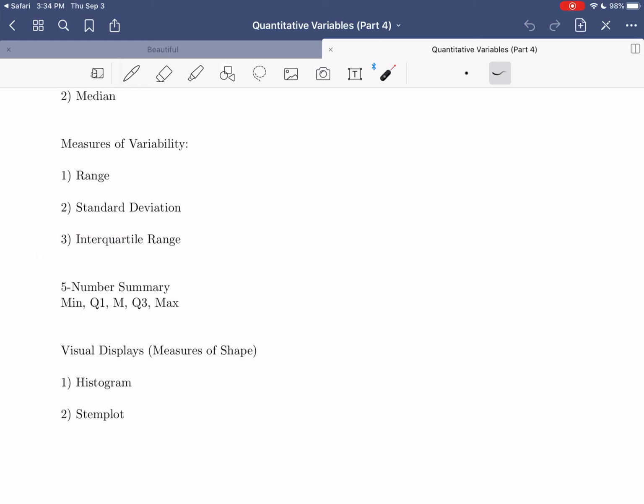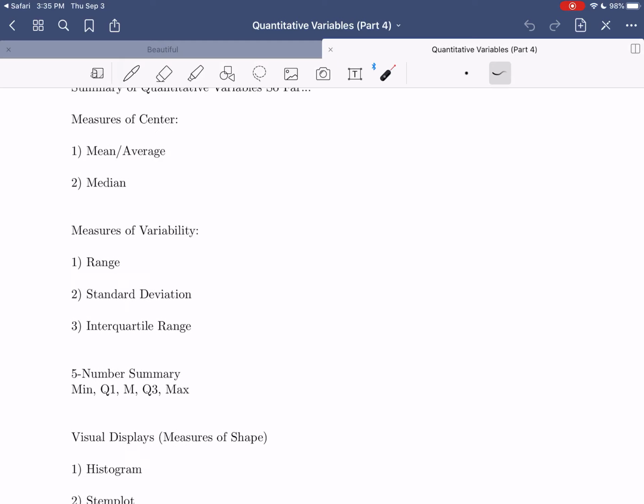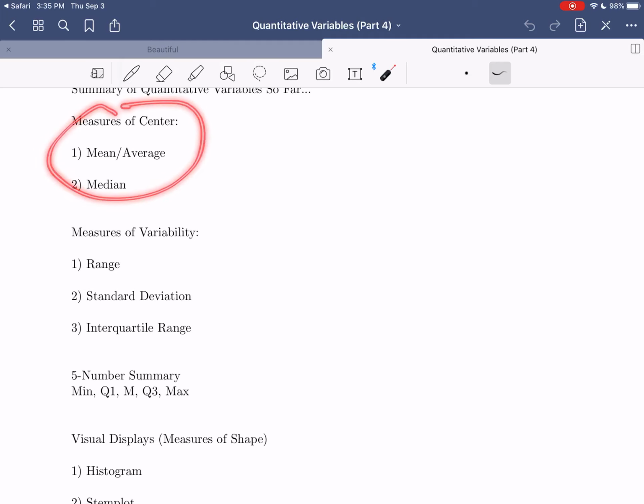And this is actually going to tie back to something we discussed way back at the beginning of introducing our work with quantitative data. We talked a little bit about extreme values. This was actually when we were discussing measures of center initially. We introduced the concept of a resistant measure versus a non-resistant measure. Remember, mean is a non-resistant measure, while median is a resistant measure.